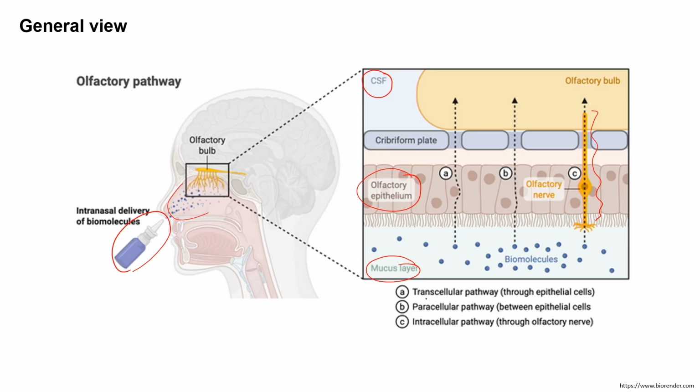The possibility of these antigens to enter into the system could be through three different ways. First could be called the transcellular pathway, where the molecules are entering through the cellular system and going to the upper area. The second could be a paracellular pathway.